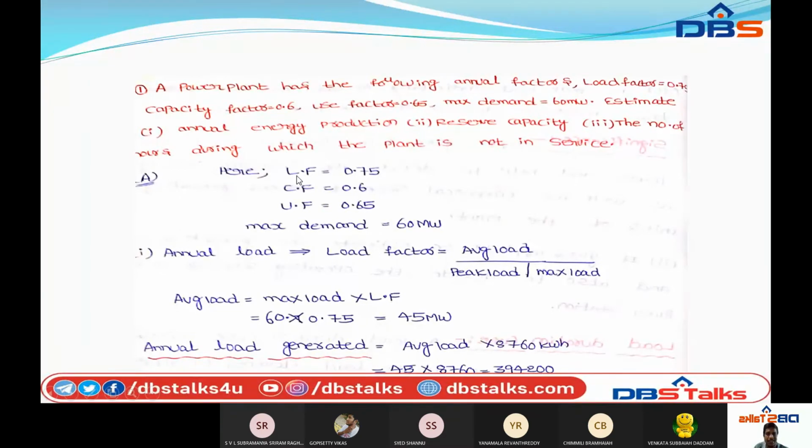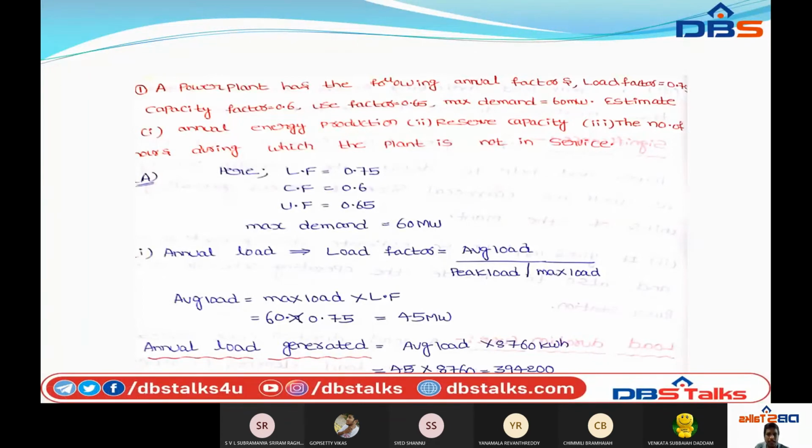First of all, I'm writing the data already given. Load factor is 0.75, capacity factor is 0.6, utilization factor is 0.65. Then maximum demand is also given, 60 megawatt. First of all, I know the formulas for finding annual energy production, based on factors like load factor.